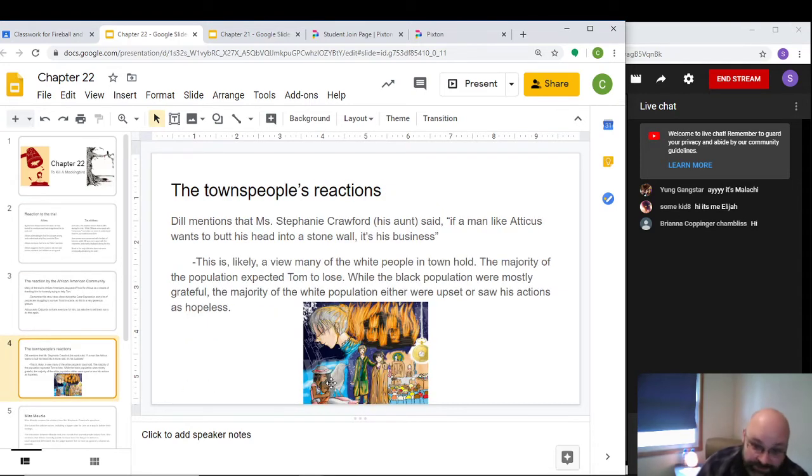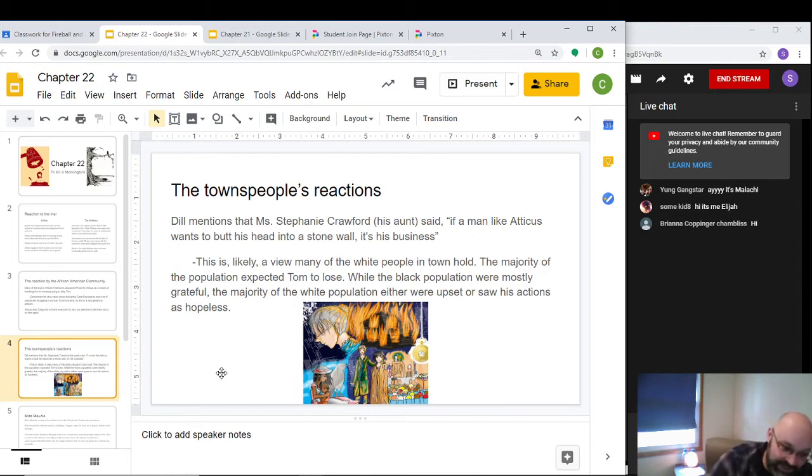As for the townspeople's reaction, specifically the white townspeople, Dill mentions that Stephanie Crawford says if a man like Atticus wants to butt his head against a stone wall, that's his business, suggesting that a lot of the townspeople view what Atticus did for Tom as kind of meaningless. He's just one person.